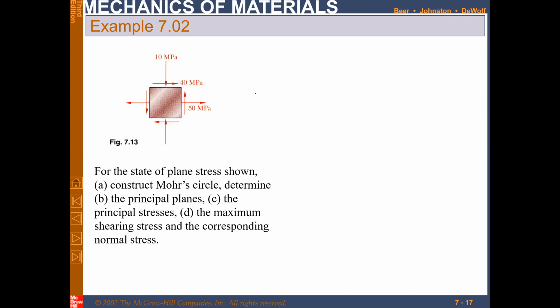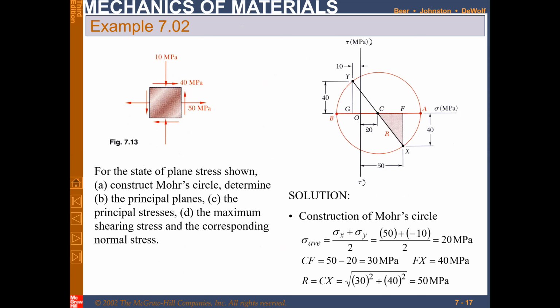So if we want to draw the circle, one point would be 50 comma 40, because this is a tensile load, so it is sigma x, this is the x coordinate, the sigma x value, and this is the tau x value, but since it is going counterclockwise, it will be negative 40, right? So it will be 50, minus 40.